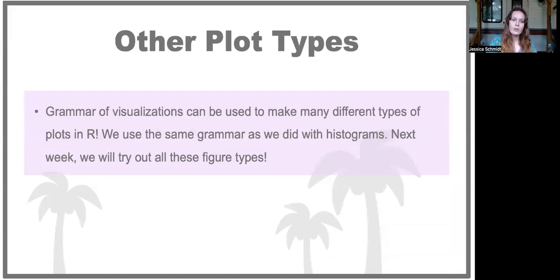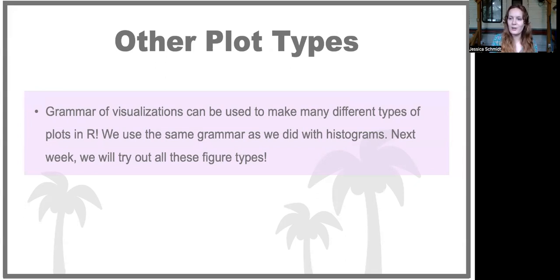This same grammar of visualizations we went over, which is like our base, our aesthetics, our geometry, our data, all of that, can be used to make so many different types of plots in R. We use the same grammar as we did with histograms. And next time, we're going to actually try out all of these different figure types and just blast through each one using the same principles that we learned about today.